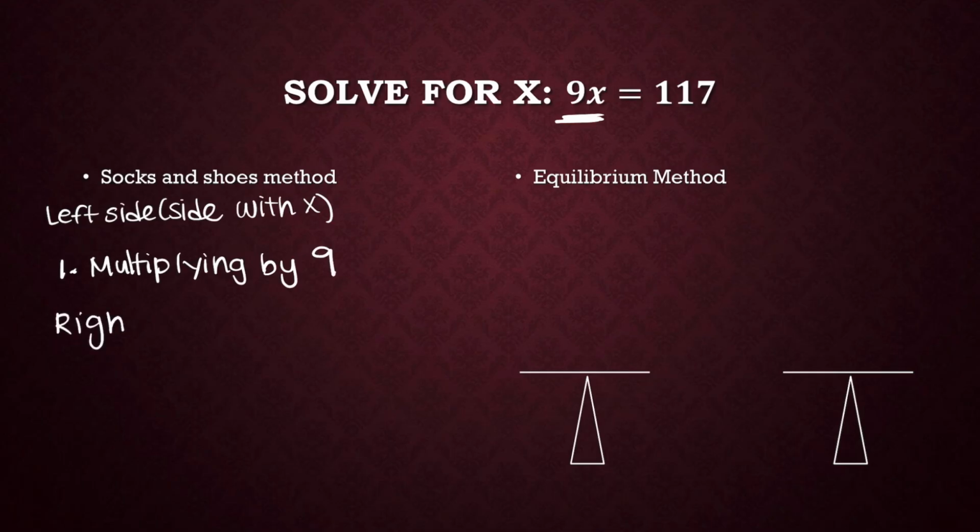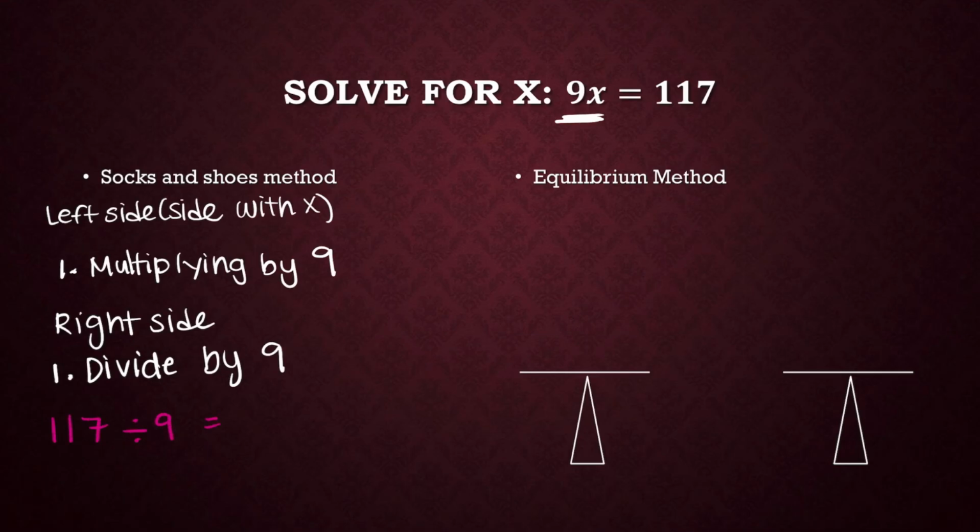So then on the right side, the side without x, I would just divide by 9. And that would look like doing 117 divided by 9, which will come out to be, let's see, 13, I believe. Yep. So then my final answer, and I always write it like this, is x equals 13. Always, or x equals the number. You always have to write x equals, or the letter equals. So that's the socks and shoes method.